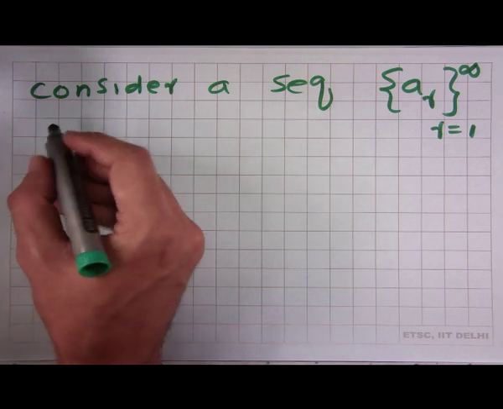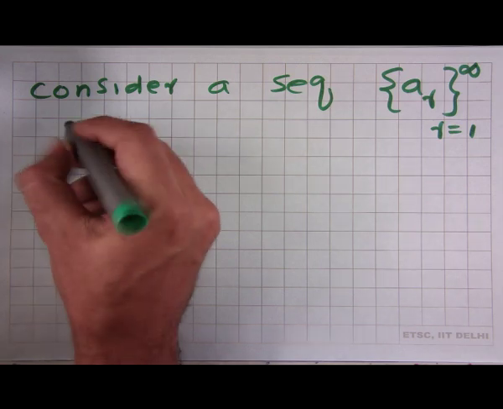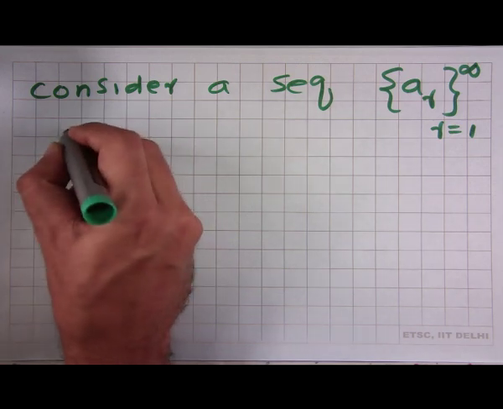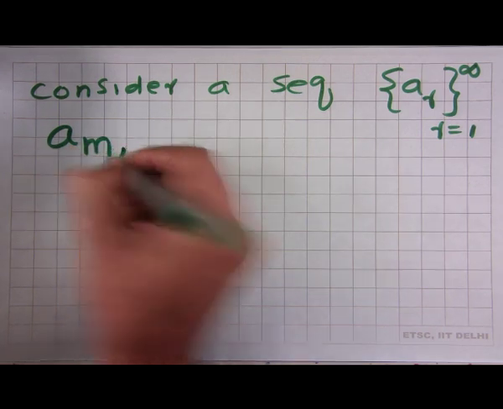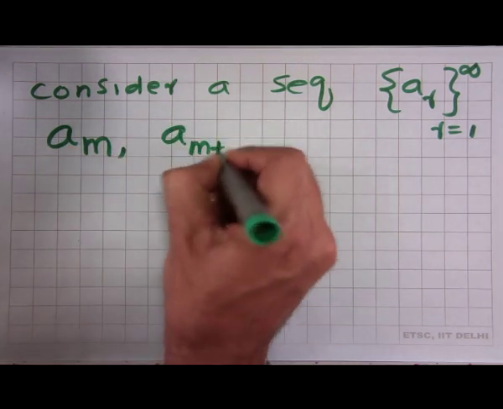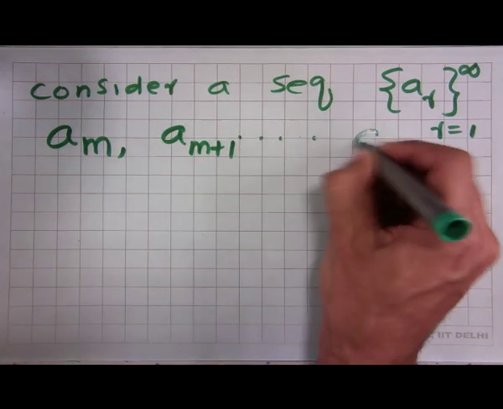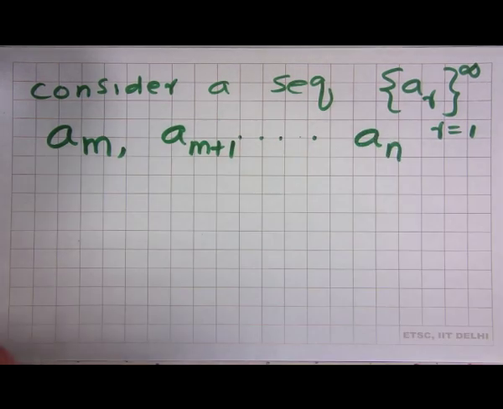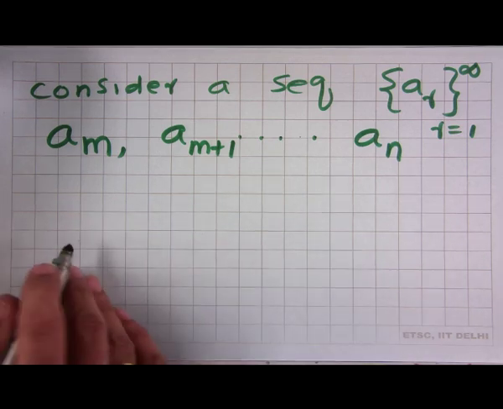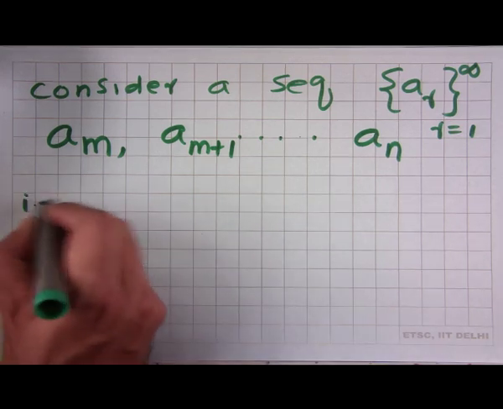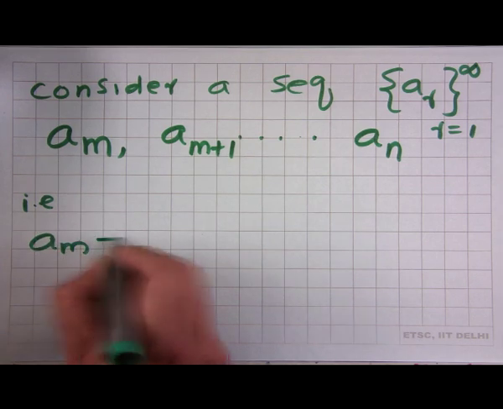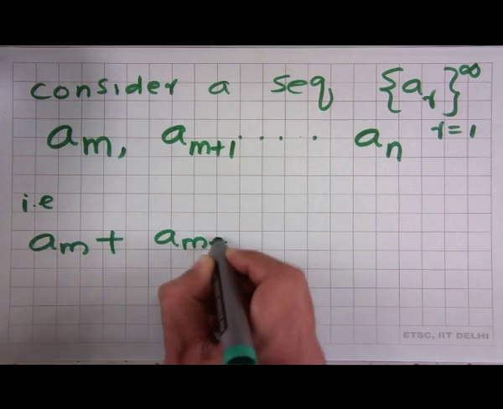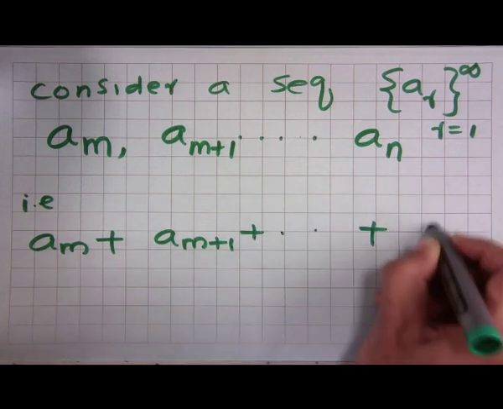Suppose that we want to find the sum of the terms a_m, a_(m+1) and so on up to a_n. We want to sum these terms. That is, we want to find a_m plus a_(m+1) plus etc. plus a_n.